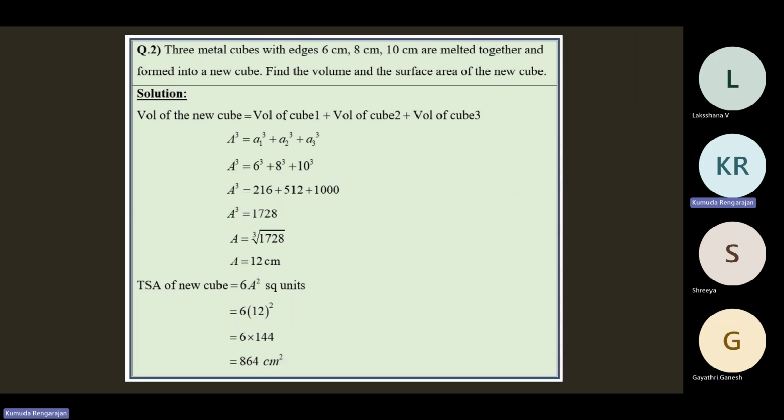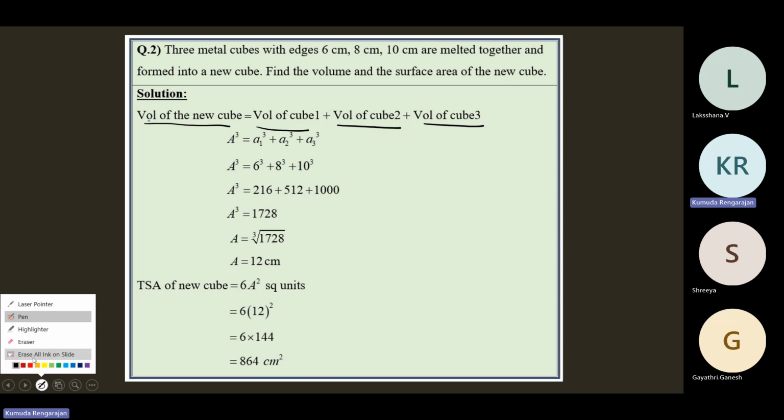So volume of the new cube is equal to volume of cube 1 plus volume of cube 2 plus volume of cube 3. In the conversion process, the volumes will be the same, not the surface areas.